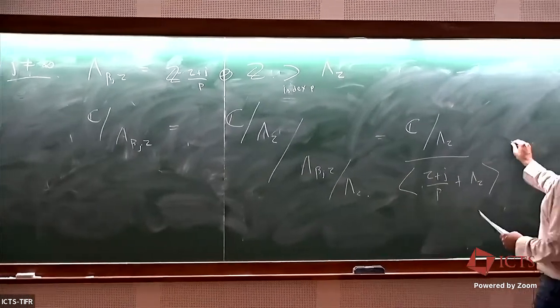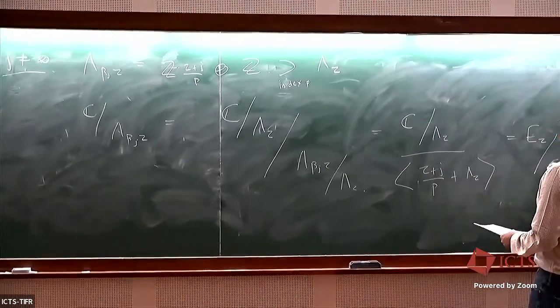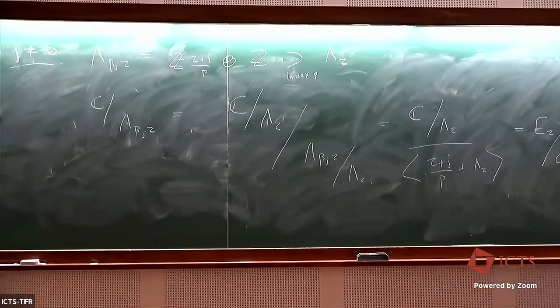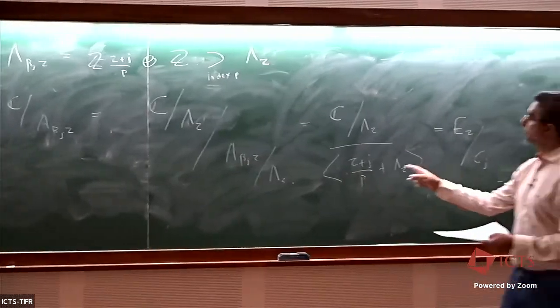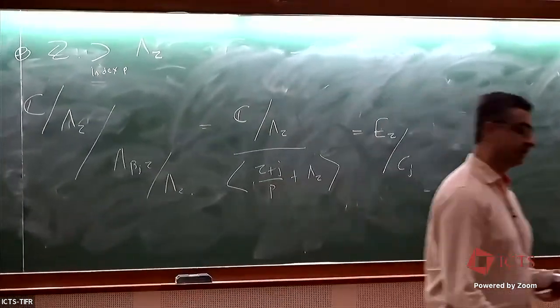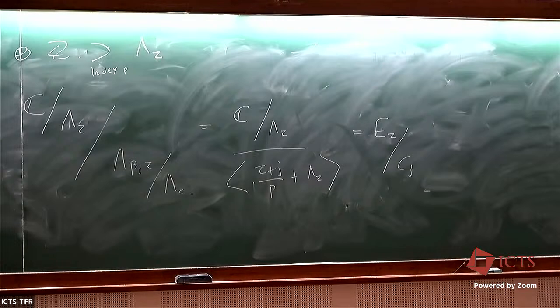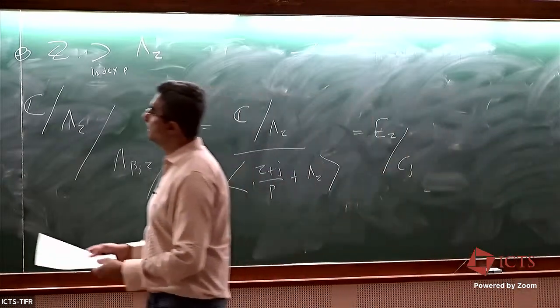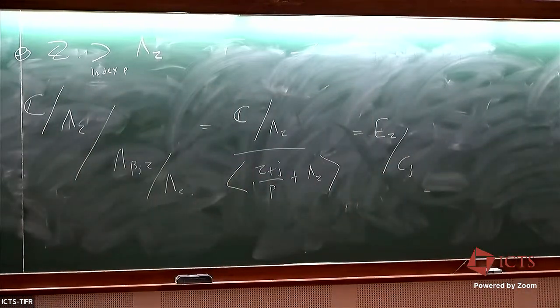And so this is of the form E_tau modulo C_j. This is a quotient by a subgroup of index p. Let's call that subgroup C_j. It's just a question of using the third isomorphism theorem and rewriting things. So at least for the elliptic curve part, we managed to recognize this as E mod C for some C. What about the second element of that pair?